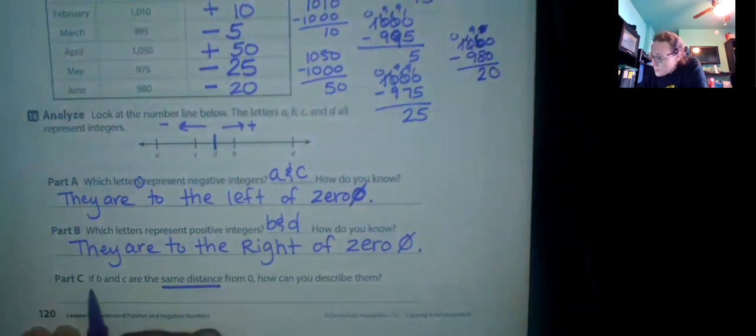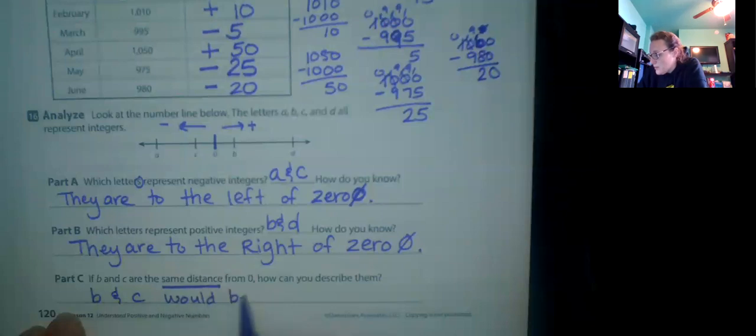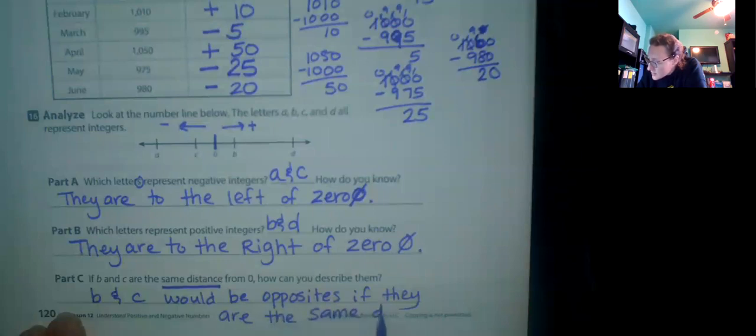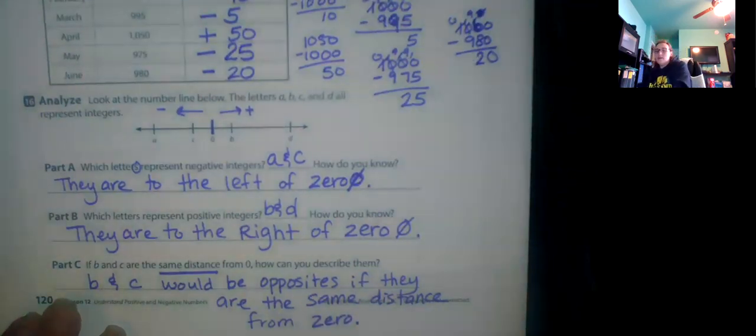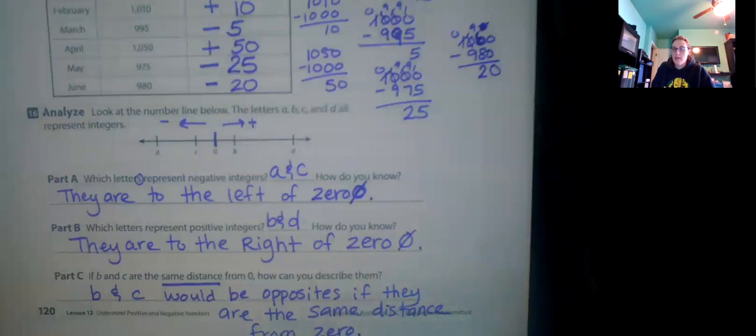So B and C would be opposites if they are the same distance from 0. Okay, one's positive, one's negative, but if they're the same distance, that means that they are opposites. Okay, let's turn the page.